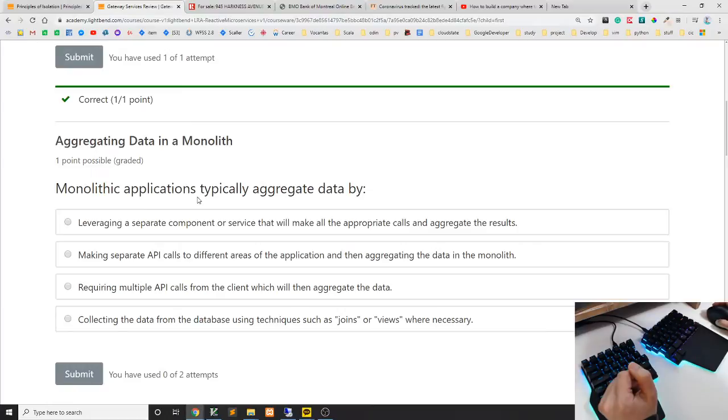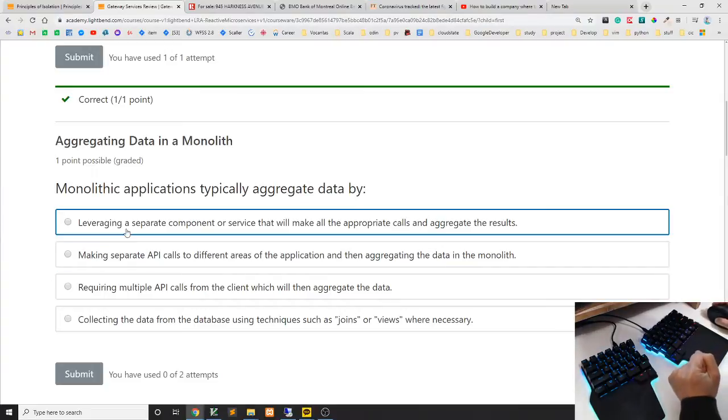Monolithic applications typically aggregate data by leveraging a separate component or service that will make all the appropriate calls and aggregate the results.